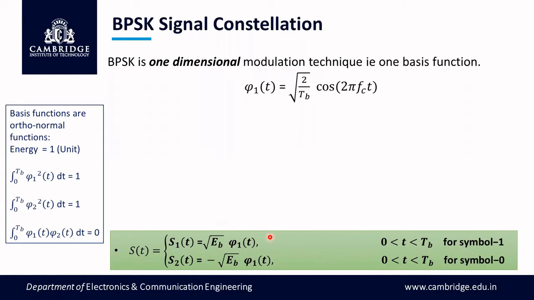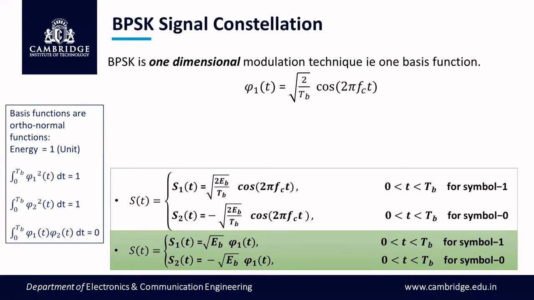So phi1 of t is a common signal. This is one carrier. So the system is one dimensional. Only amplitude changes from positive to negative. So you have to concentrate more on the polarity of the amplitude to find out what was the symbol transmitted. So accordingly, the basis function is a sinusoidal signal of frequency FC.